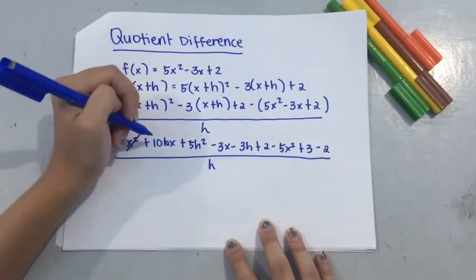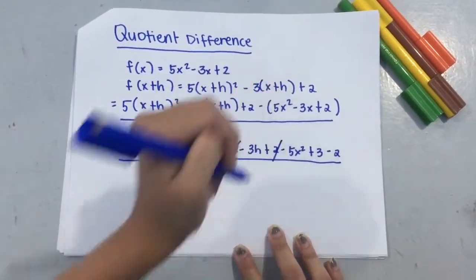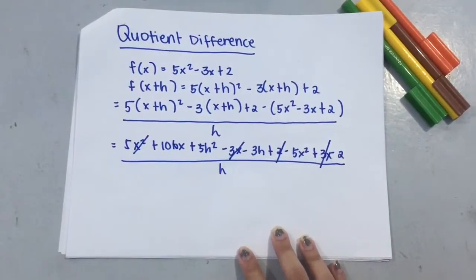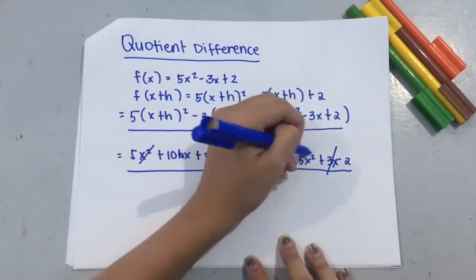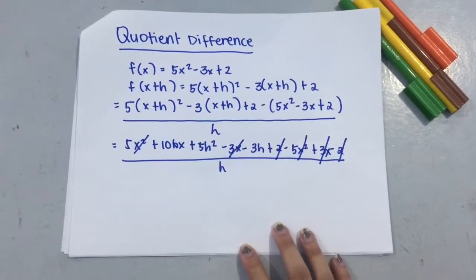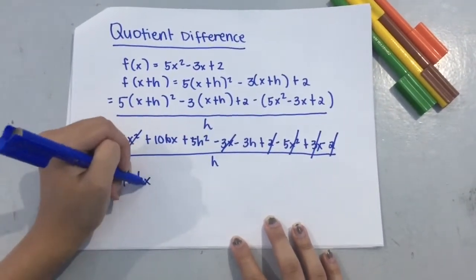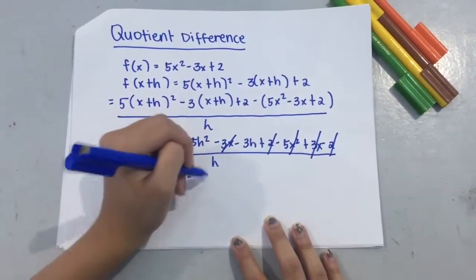Cancel out the similar terms. Now we have 10xh plus 5h squared minus 3h divided by h. Cancel the remaining h's.